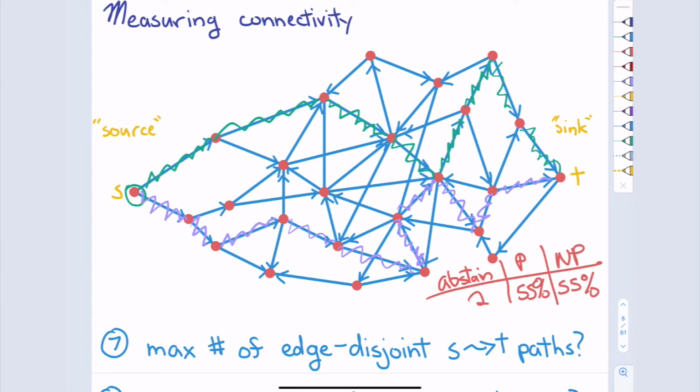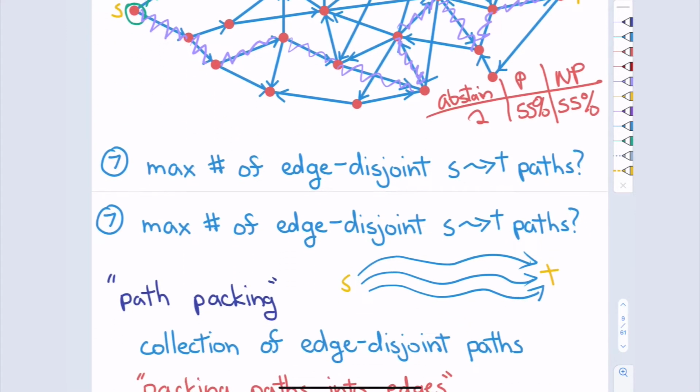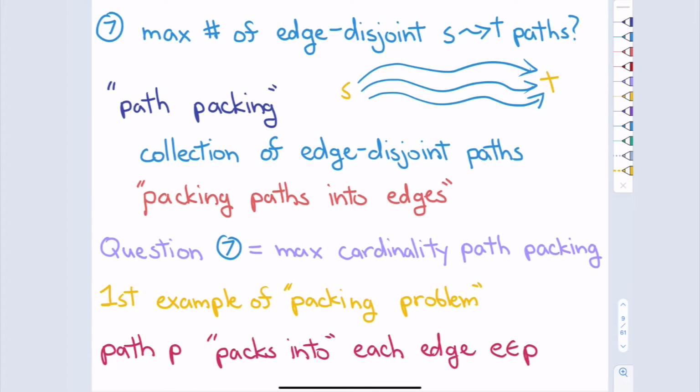Here the solution was 2, and it was certified by, let me talk a little more, which is also an example of a packing problem, in the sense that I'm trying to pack ST paths into edges. So each path uses up all the edges it takes.